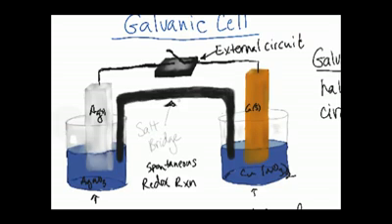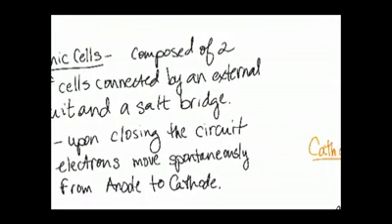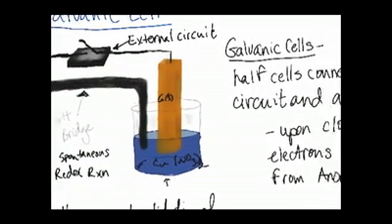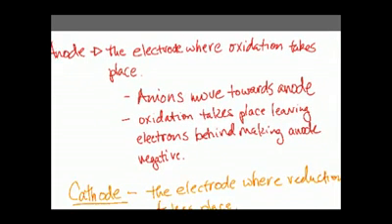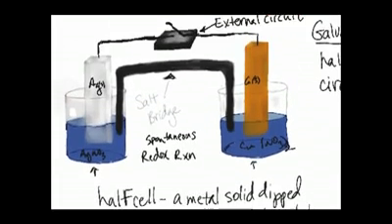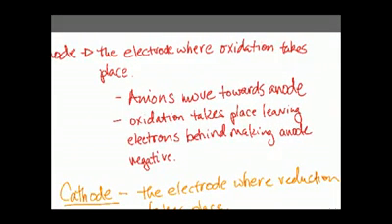So what is going to happen is we will have an electron flow going from the anode to the cathode. What are these words I keep using, anode and cathode? Well, anode is the electrode, being one of these two metal bars I've drawn here, in which oxidation takes place.